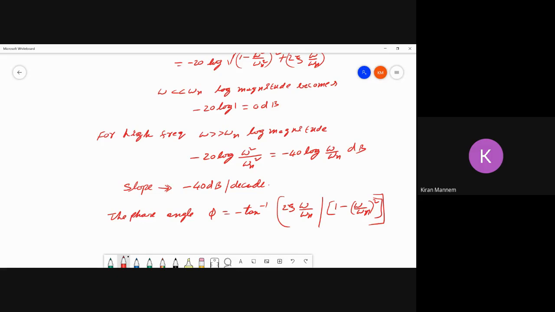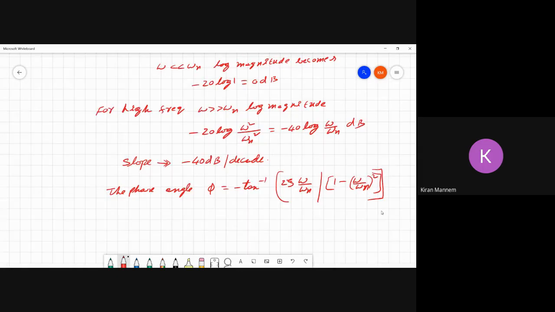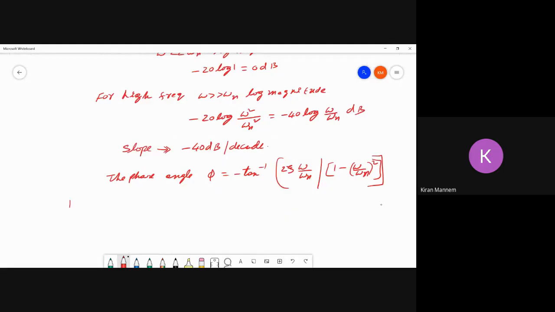So for the 12th one, what will happen? For the 12th basic factor, that is the quadratic zero, it will be plus 40 dB per decade, and for the phase angle you get the plus value.